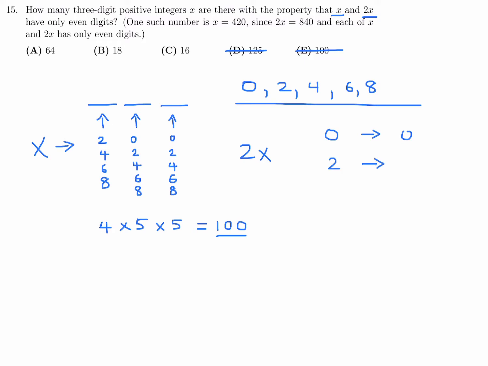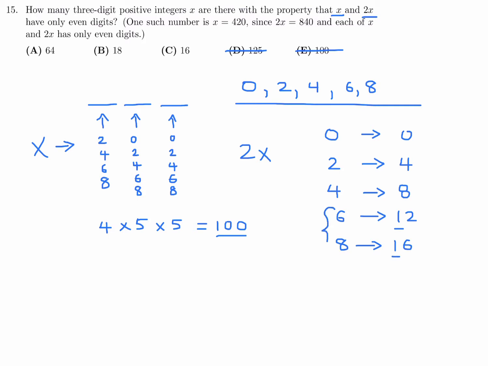Same thing, if any of the digits is a 2 in x, if I multiply it by 2, then it'll be 4. That's not a problem. 4 becomes 8, again, not a problem. But 6 becomes 12. And that is a problem because 12 contains the digit 1, which is not even. And similarly, 8, when you multiply it by 2, becomes 16, and that is a problem also.